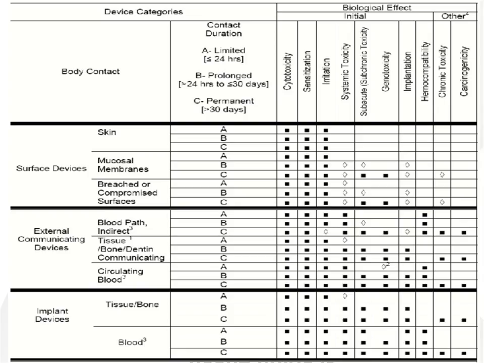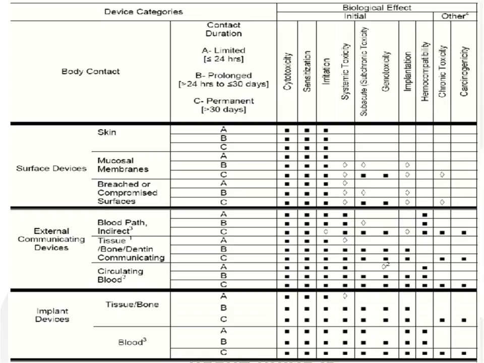The only one that some people get confused a little bit is between blood path indirect and circulating blood and tissue bone dentin. A lot of people feel like when they're in tissue, there's a lot of blood present, and they feel like that might be blood path indirect contact. Remember that these ISO committee members, they are aware that when you're in tissue and bone that there's blood present.